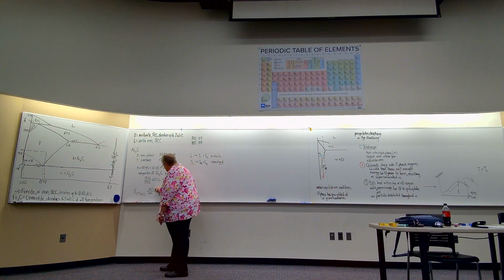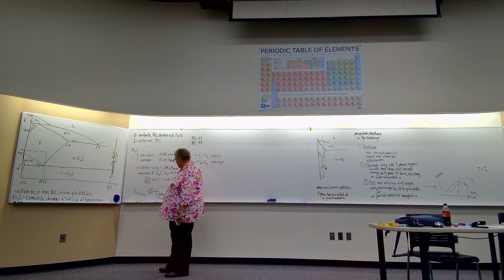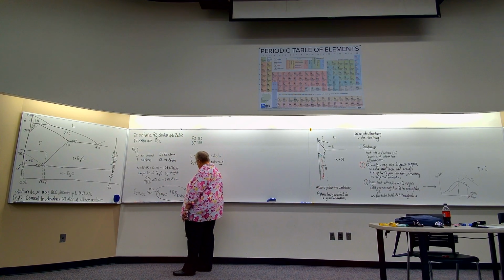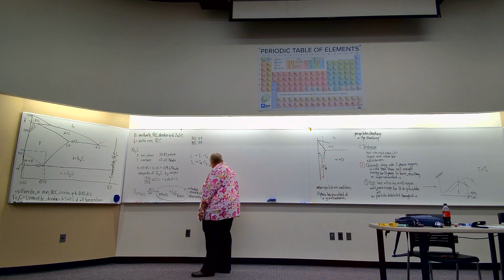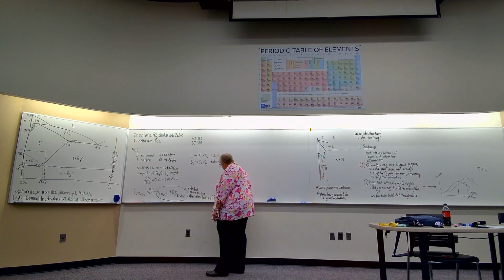This would be the eutectoid microstructure. The eutectoid microstructure is alternating layers of ferrite and cementite.